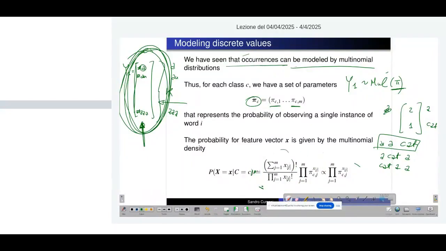We have a multinomial coefficient, the number of sequences that can give those counts, times the probability of a single sequence that can give those counts. But from the point of view of the model, only this part depends on the model parameters. This part does not. So even if it looks complex, we can already forget about the multinomial coefficient.